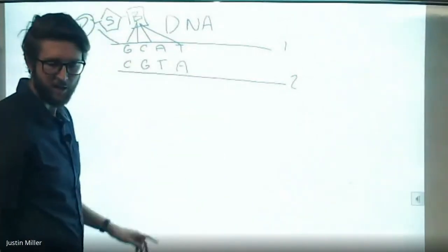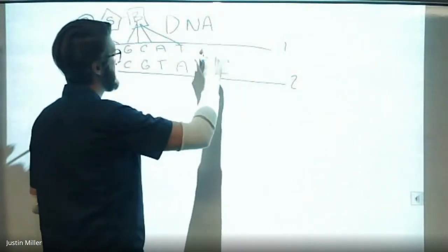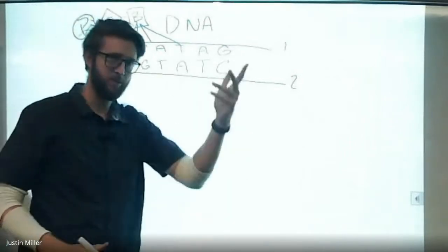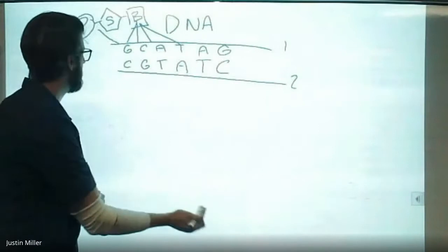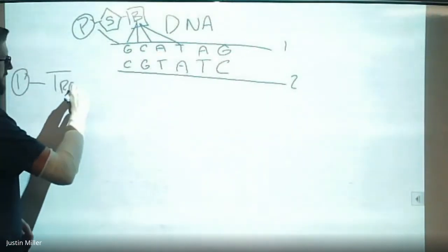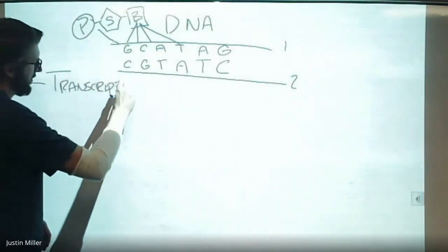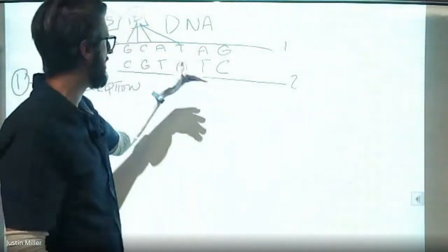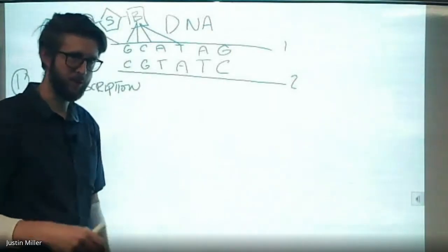So this code here, we're going to learn how to decode this today. So let me just finish this out here. I'm going to make it 6 letters long. That'll make sense in a minute why I'm going to do that. But remember from the last video, step 1 is called transcription. In transcription, that's when the code that's in DNA gets rewritten into RNA.